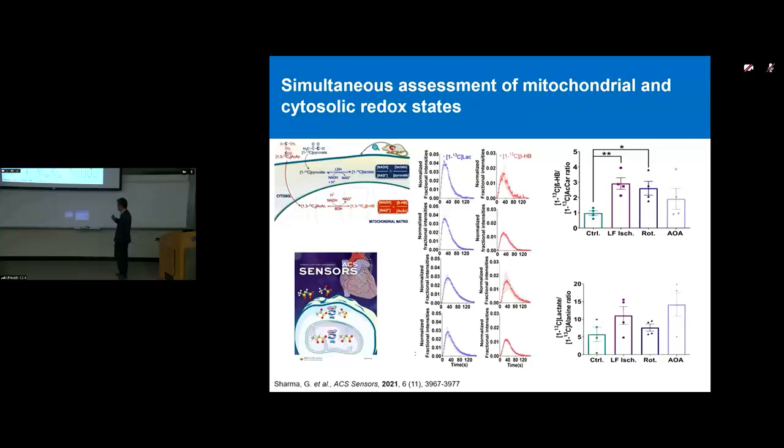So this doesn't mean that the cytosolic redox doesn't change. It just means that pyruvate to lactate may not be the best marker for quantifying or measuring the cytosolic redox. But again, the number of hearts here is a little bit small, so more studies need to be done here.